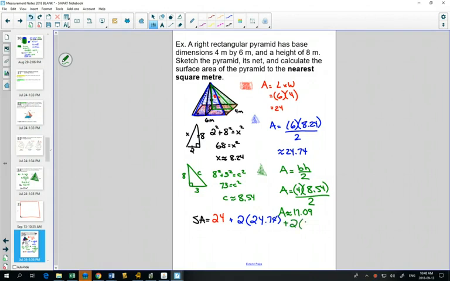Can you see that you would have 2 of the green side? And I got 107.65.